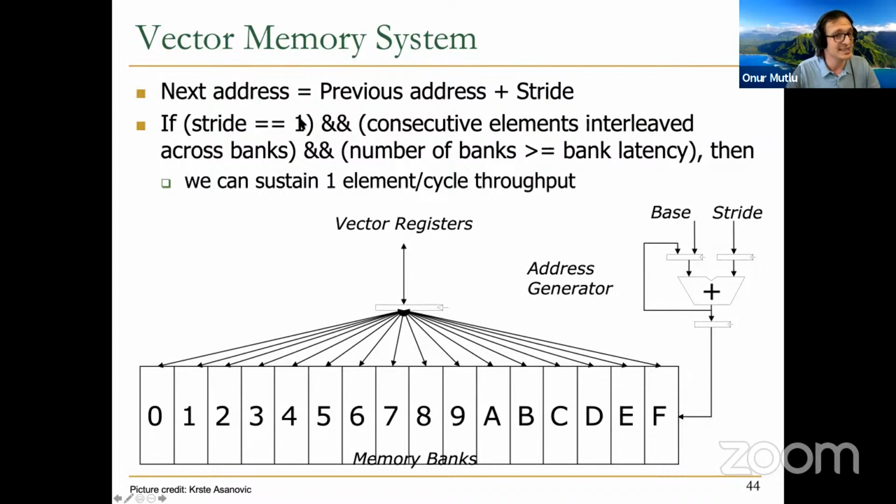Because if your stride is 16 and your consecutive elements are in consecutive banks, exactly the elements that you would be fetching will be mapped to exactly the same bank. So element 0 is here, element 16 will be here, element 32 will be here, element 48 will be here, and so on.